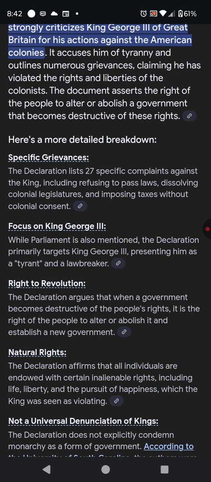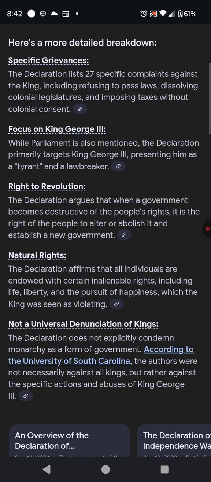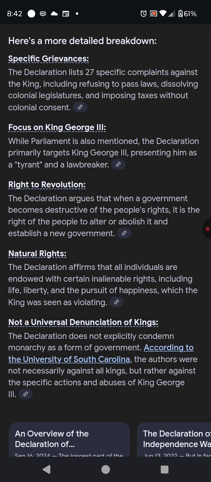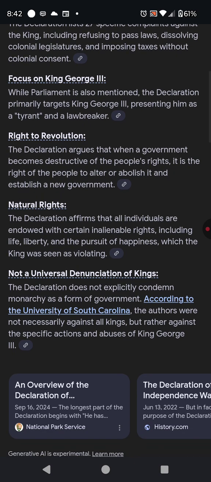The Declaration lists 27 specific complaints against the king, including refusal to pass laws, dissolving colonial legislatures, and imposing taxes without colonial consent. While Parliament is also mentioned, the Declaration primarily targets King George III, presenting him as a tyrant and a lawbreaker.